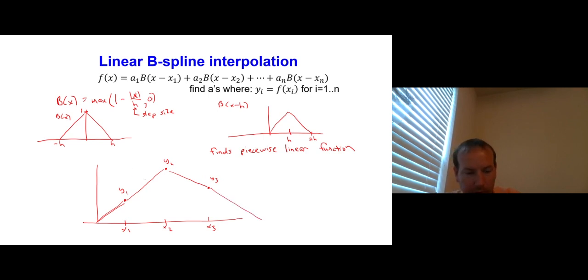So it's a piecewise linear function, and it's actually summing.